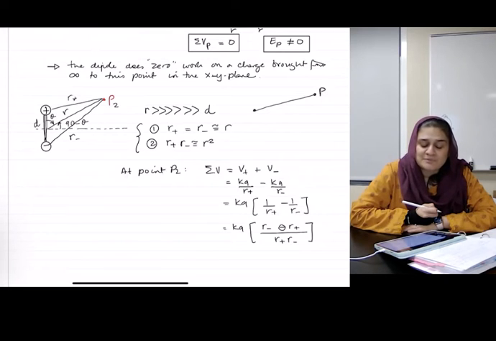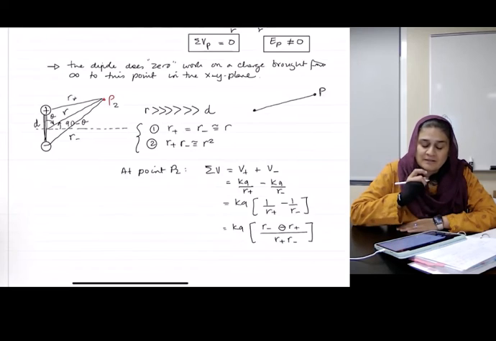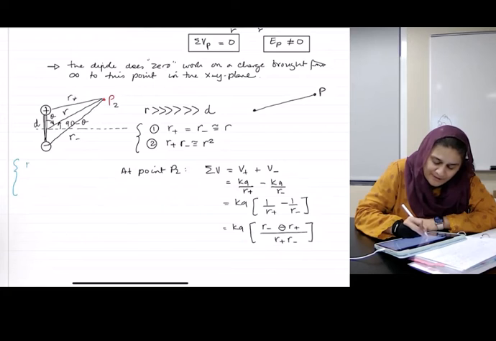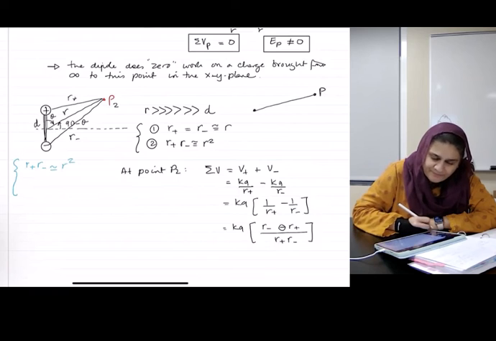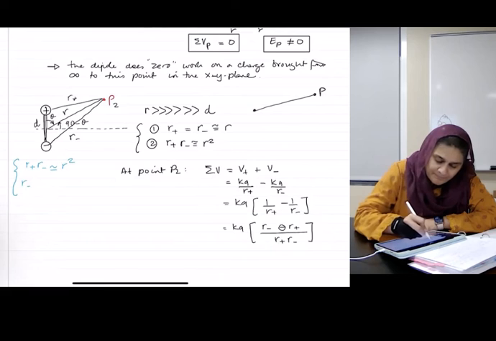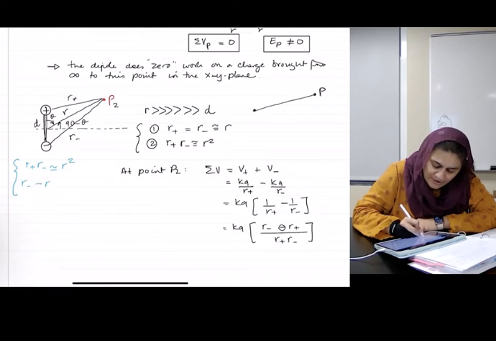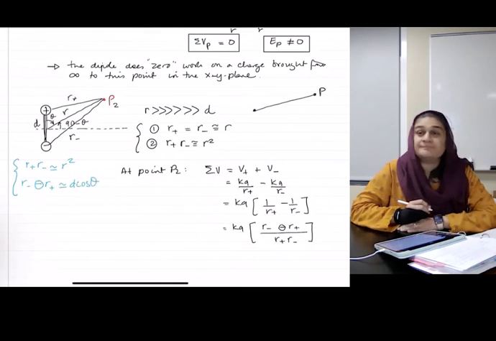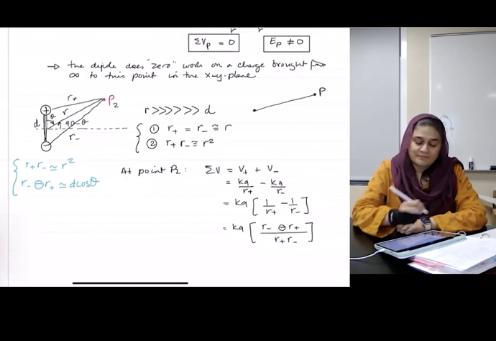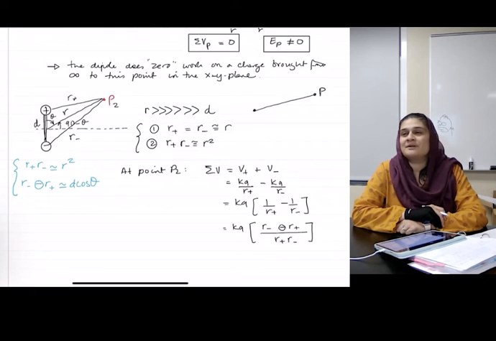If D is much, much smaller than R, may I write R plus times R minus is almost equal to R squared, and R minus minus R plus is equivalent to D cosine theta. I'll let that proof be your homework. It's like literally one step. It'll be D by 2 and D by 2.